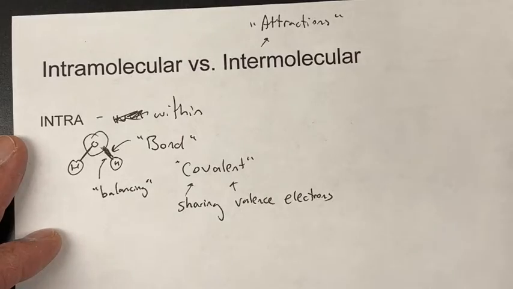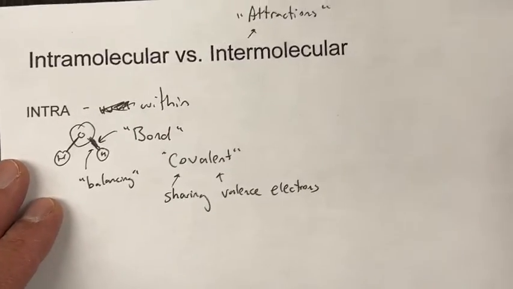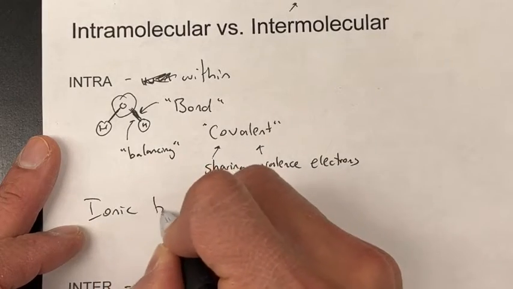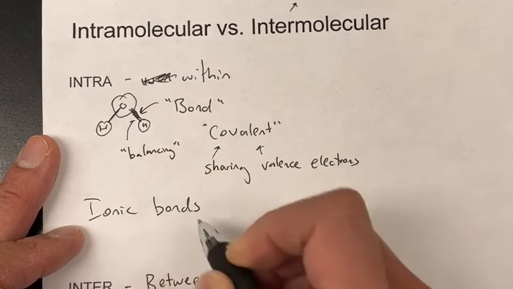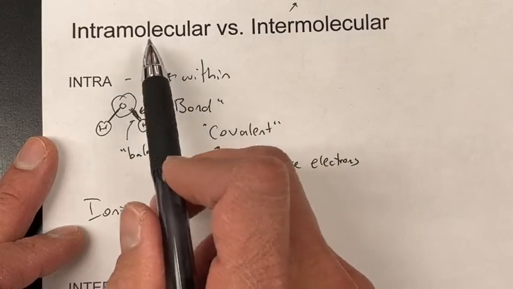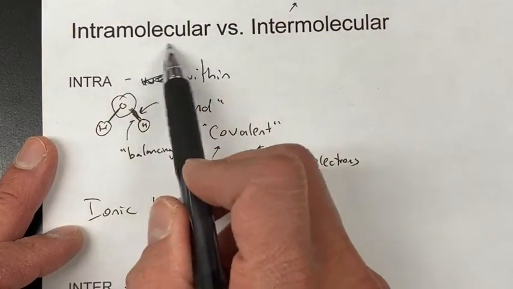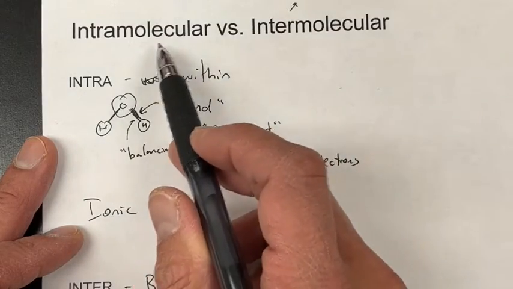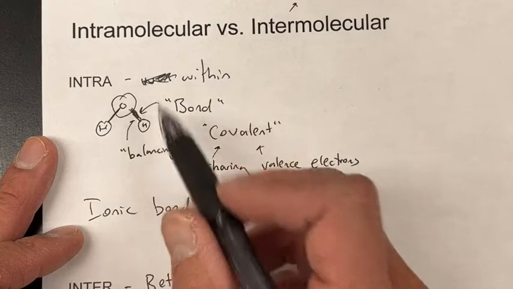Intramolecular can also mean an ionic bond. So ionic bonds are also considered intramolecular. It's kind of a weird term because a molecule, you kind of have to have a molecule to be intramolecular. Molecules are all nonmetals.